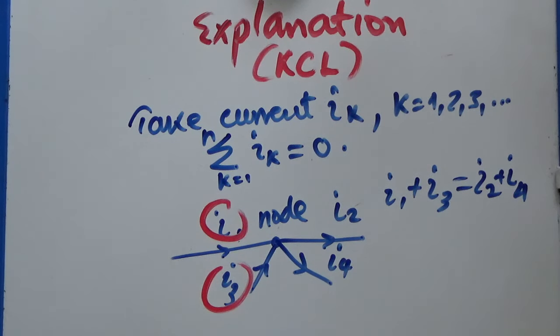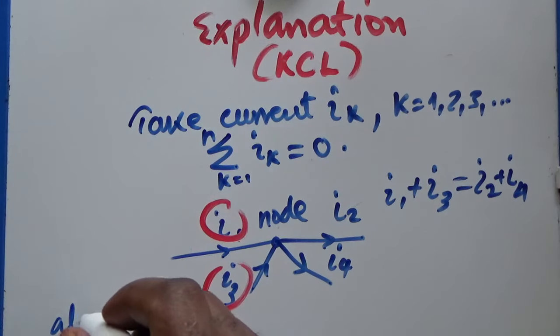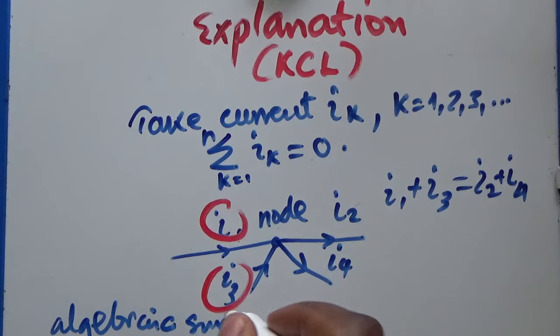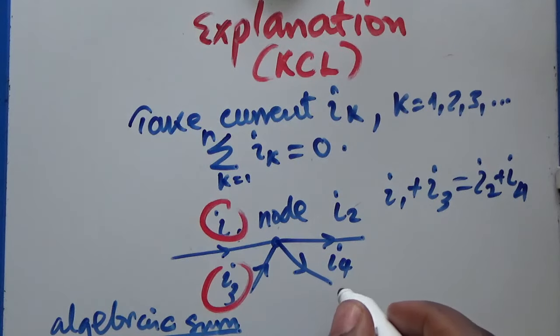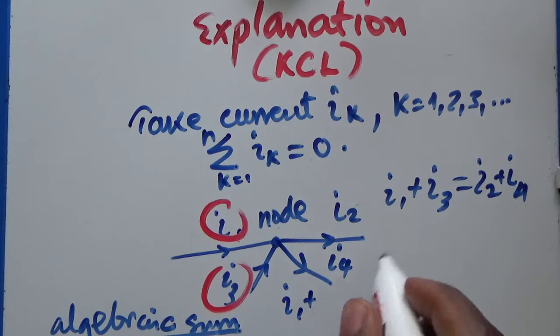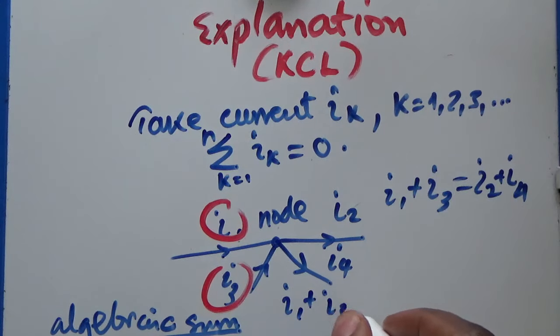Not really. So if that is the case, the algebraic sum means that we have I1 plus I3, or we can write them in the order in which they are.